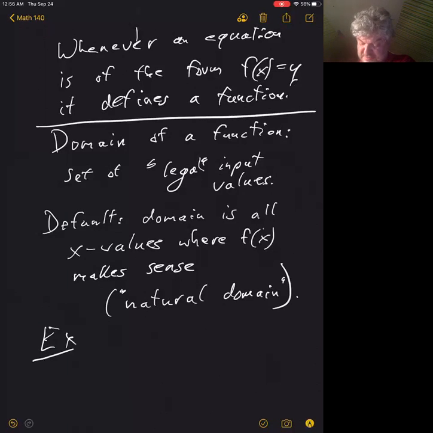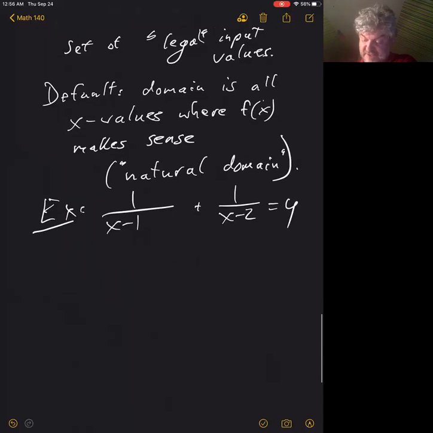As an example, one over x minus 1 plus 1 over x minus 2 equal to y. That is a function, or describes a function. What's the natural domain?